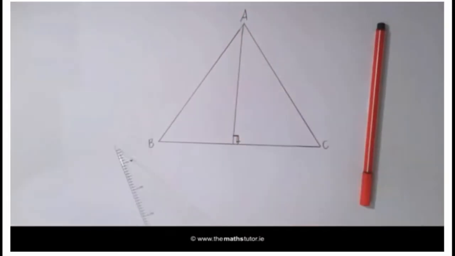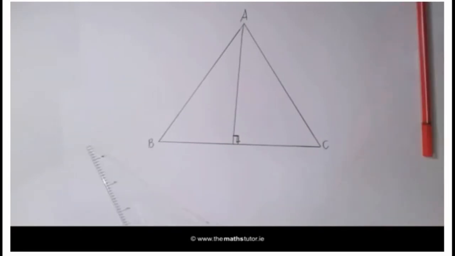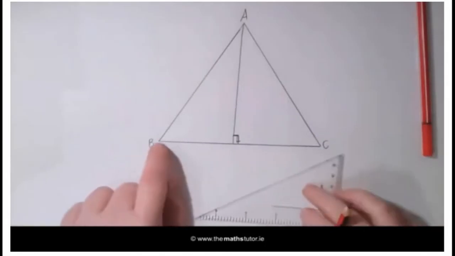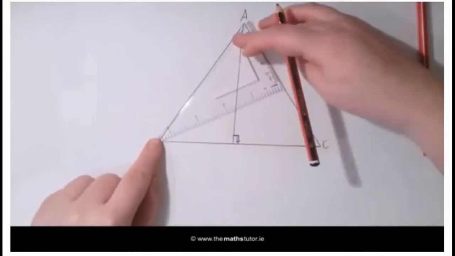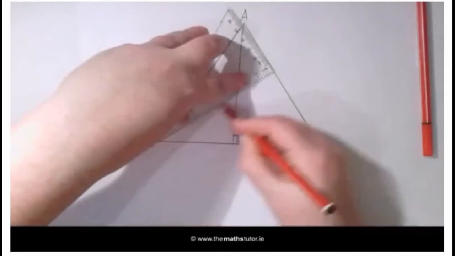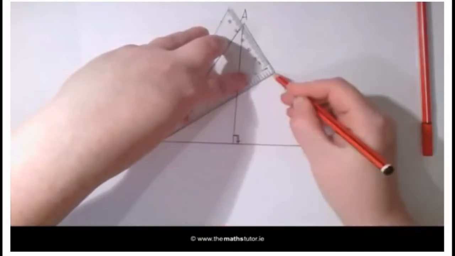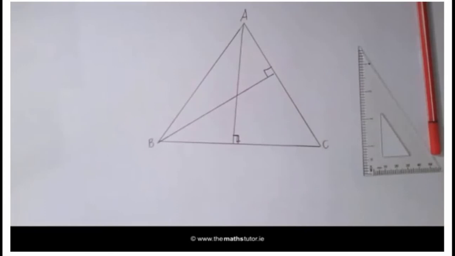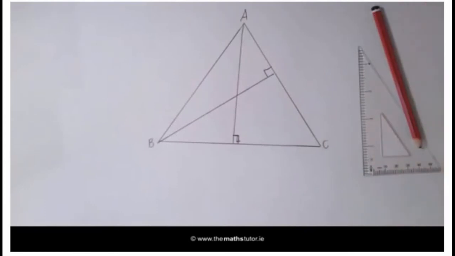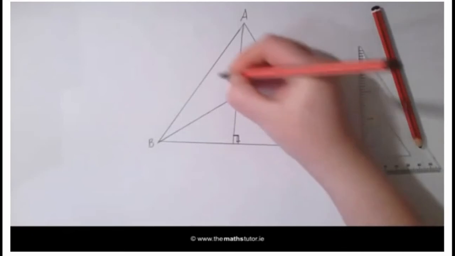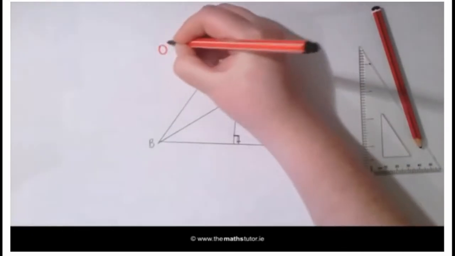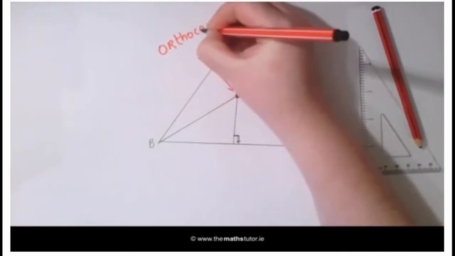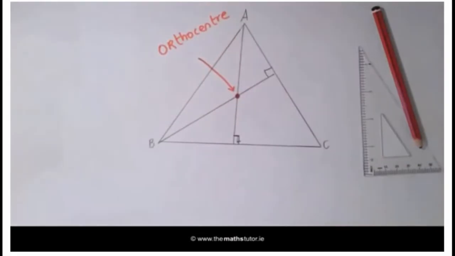Here we have a right angle from A to the opposite side. We are now going to repeat this for another vertex. So placing it at B, we want to draw a right angle with the opposite side. So here we can see we've formed another right angle. Where these 2 altitudes meet is called the orthocenter. Now, try this for yourself, and we'll see you in the next lesson.